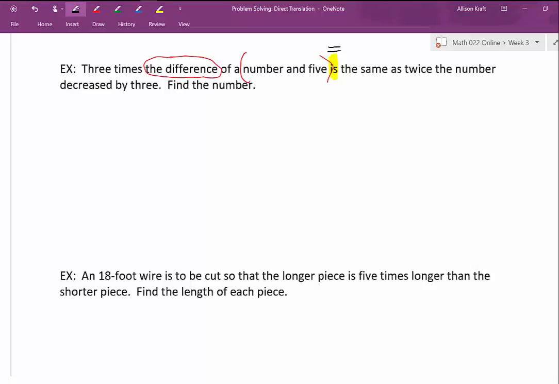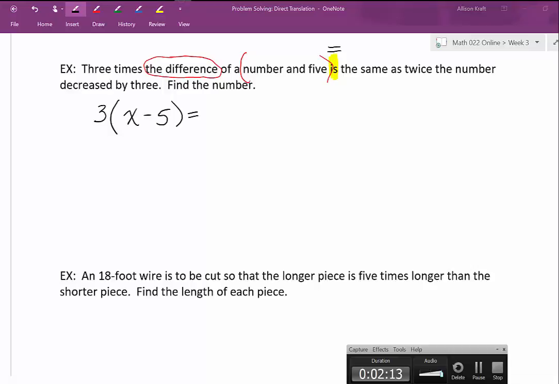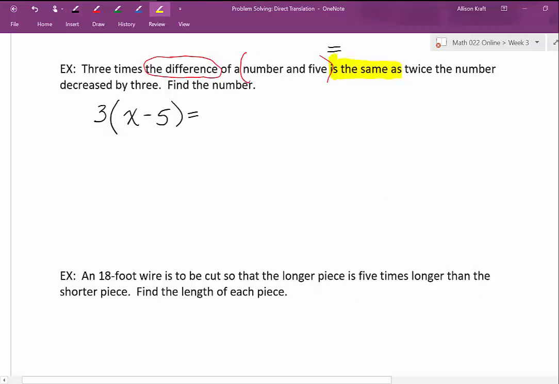So when we write the left side, we're going to have 3 times parentheses x minus 5, 3 times the difference. Looking at the words after the "is the same as," we have twice the number decreased by 3. To write twice the number, that's 2 times x, minus 3.